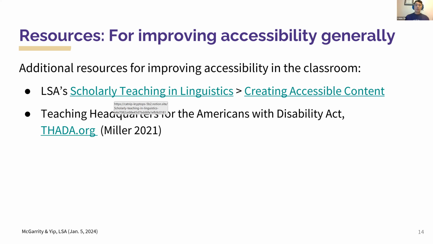We also have some resources for improving accessibility generally. For example, the LSA Scholarly Teaching in Linguistics website has a page on creating accessible content. Shelby Miller's Teaching Headquarters for the Americans with Disabilities Act website also has some good content.